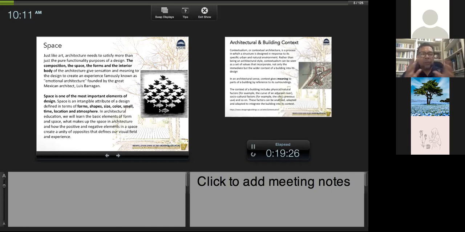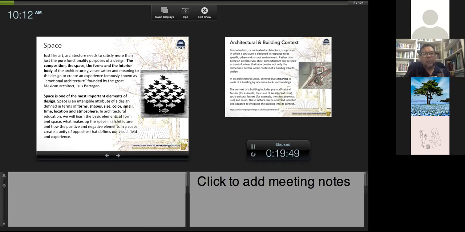So how would you create what we call space making, space creating? This is the thing that as an architect, we need to always have a three-dimensional view.